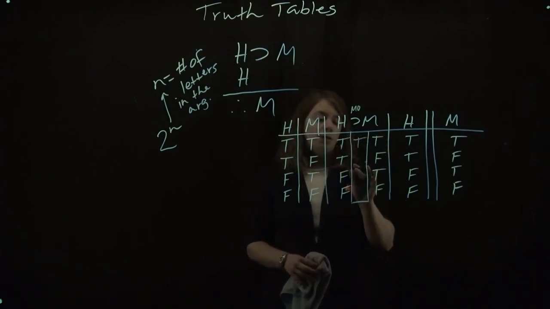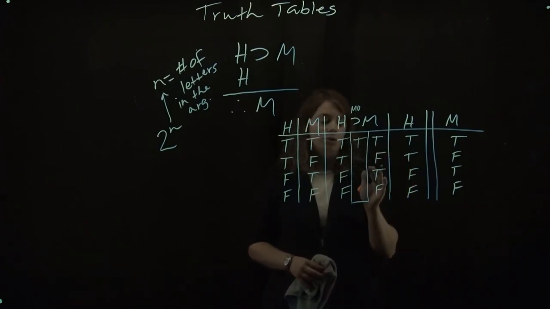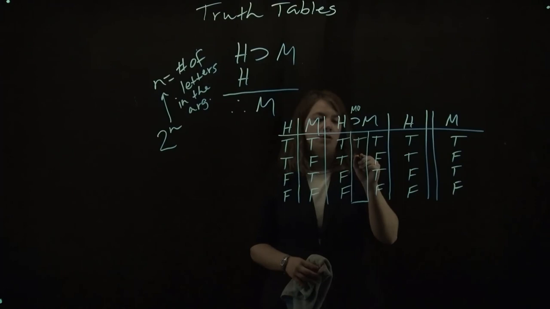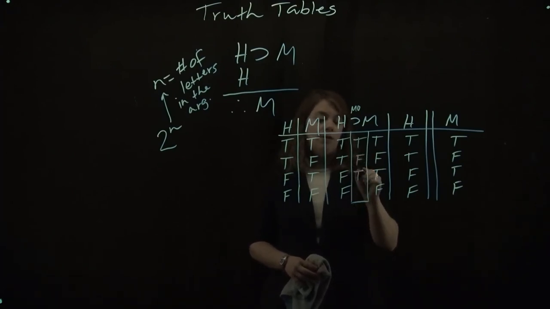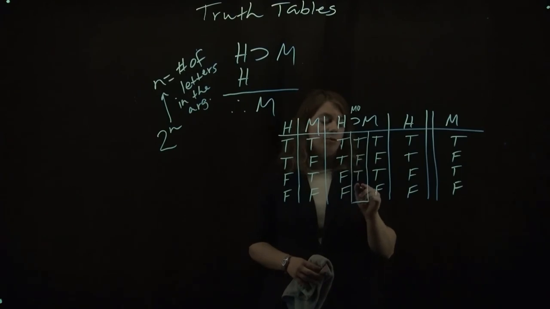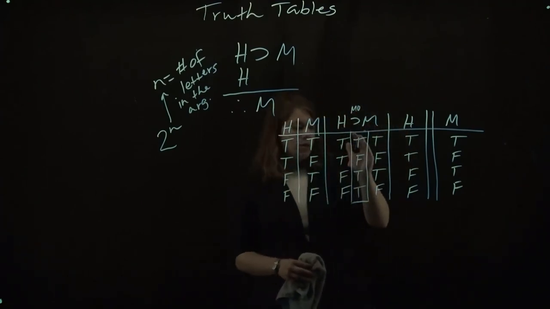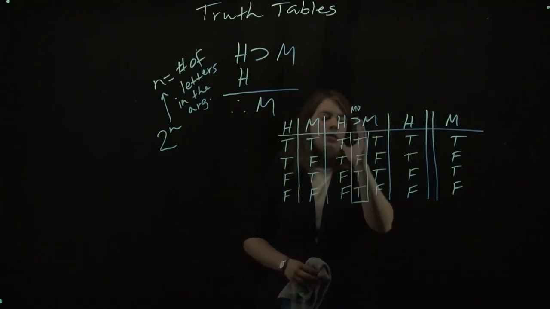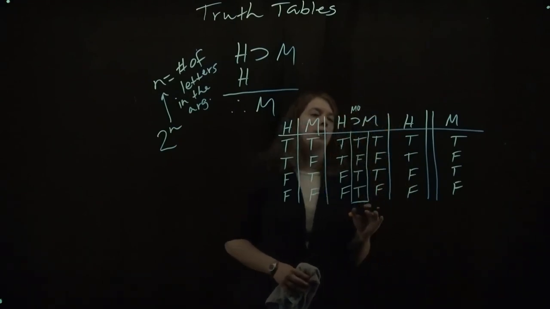And we also know that if it's true, horseshoe, F, from the table for the horseshoe, that's the only time in which the whole conditional is going to be false. And so therefore, every other case, F, horseshoe, true, is going to be true, and F, horseshoe, F is going to be true.